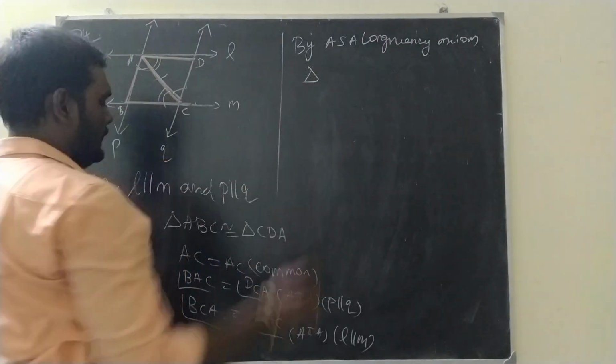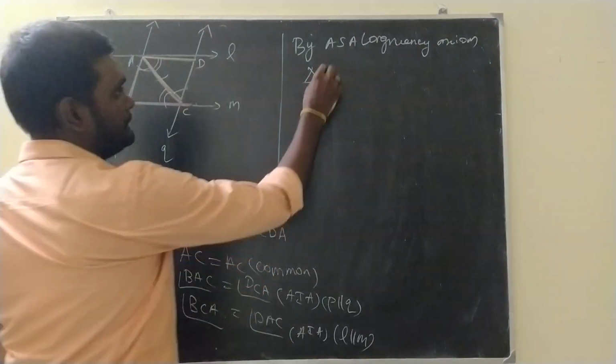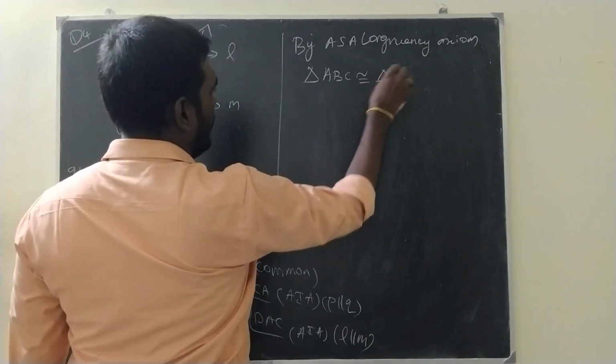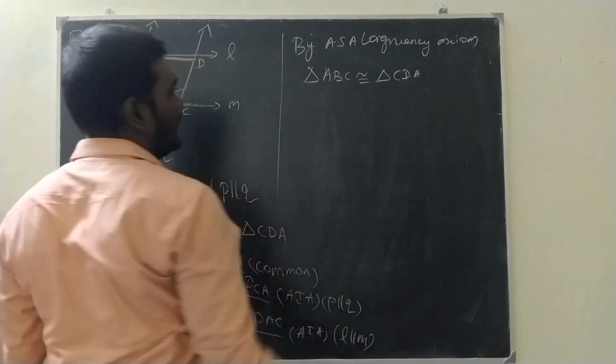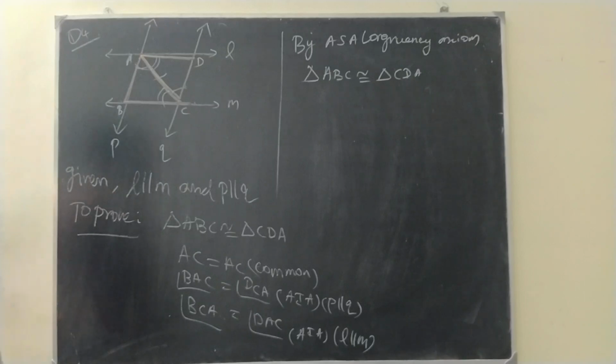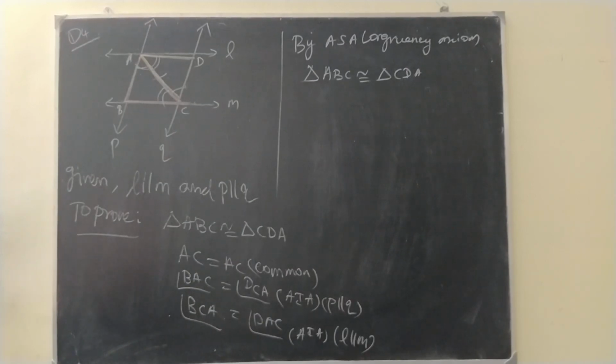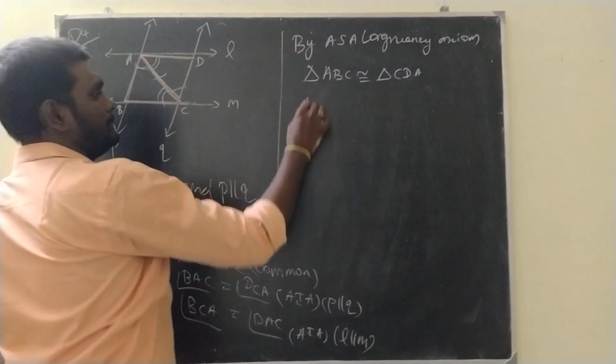You can say this triangle ABC is congruent to triangle CD. Is that what we have to prove? Yes. Hence proved.